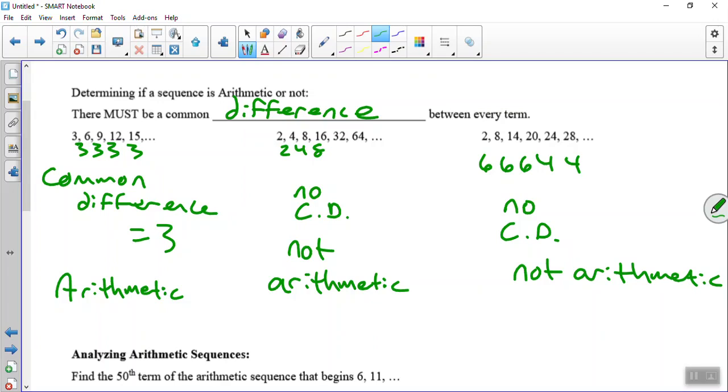There's not a common difference for either of these other two, so they're not arithmetic. That's as straightforward as it gets.